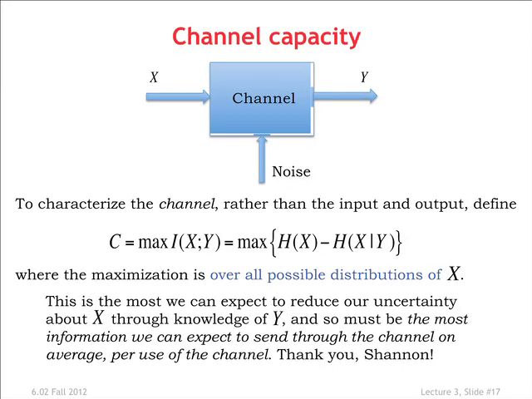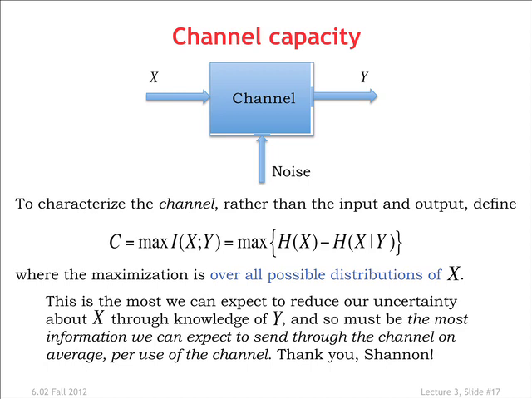Here's another notion which is entirely Shannon, which is the idea of channel capacity. And what he's saying now is in order to characterize the channel rather than the input or the output, let's ask what the maximal mutual information is over all possible distributions that you might have for x. So I'm not going to specify x being 0 and 1 with equal probability.